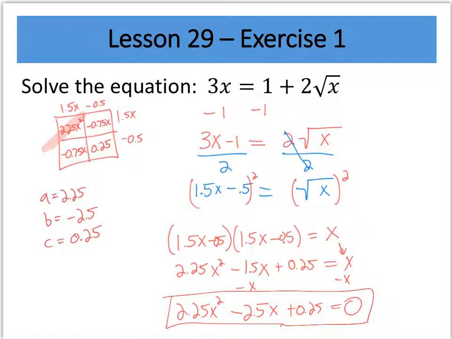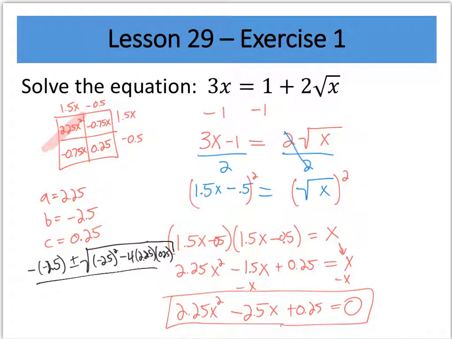And just using the quadratic formula, so negative 2.5 plus or minus the square root of b squared, so negative 2.5 squared minus 4 times 2.25 a times c, 0.25. All of that over 2a.